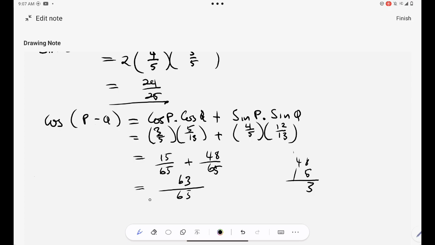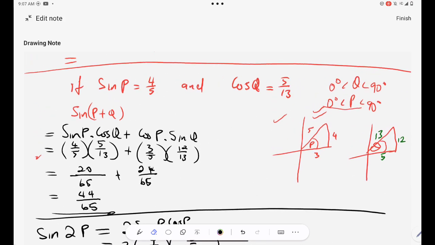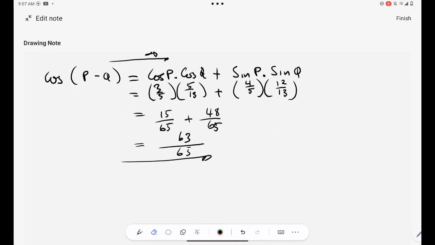This is 63 over 65. So guys, this is how you just apply these things of double angles in general trigonometry. If you are doing grade 12, né?